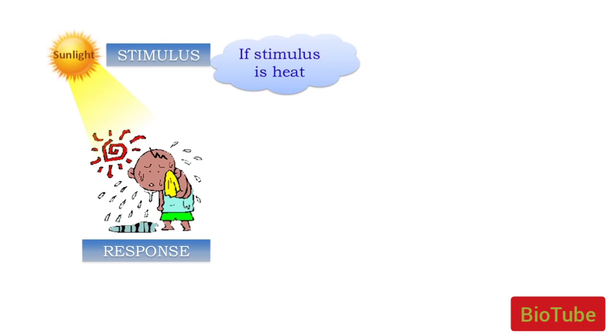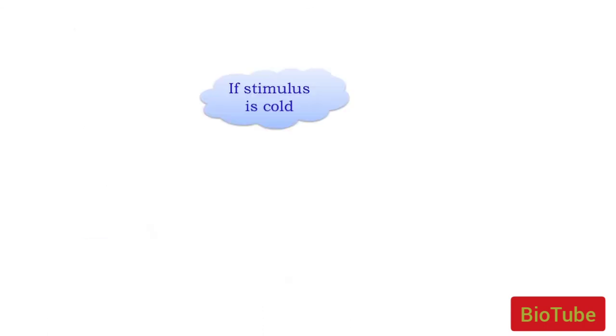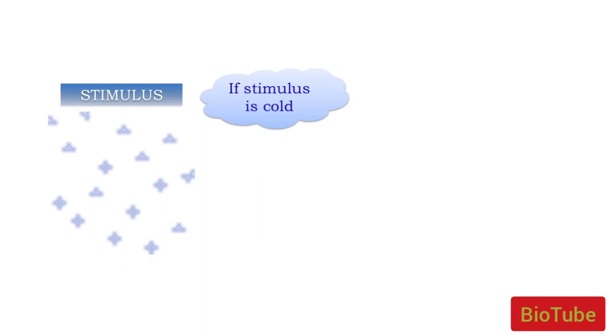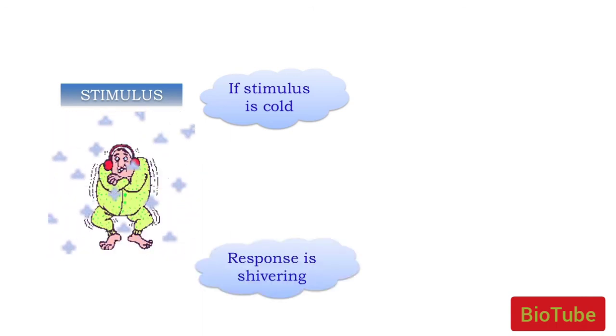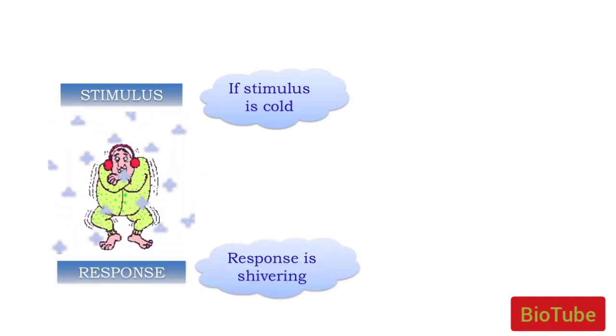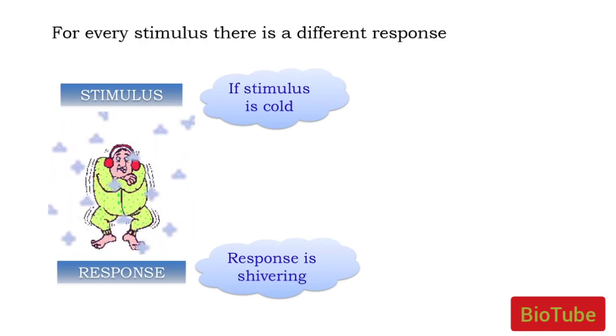We all start sweating when it is extremely hot or when the climate is extremely warm outside. When the stimulus is cold, and it is chilling cold outside, we react in a different way, that is, we start shivering. So for different situations, we respond in different ways.